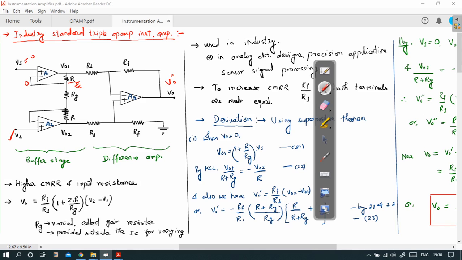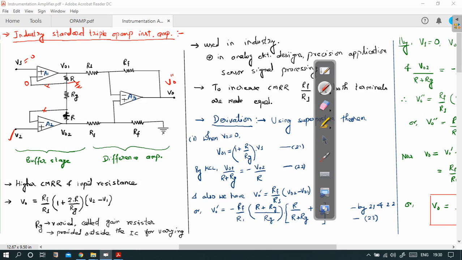This does not draw any current. Look at this: what kind of amplifier is it, inverting or non-inverting?